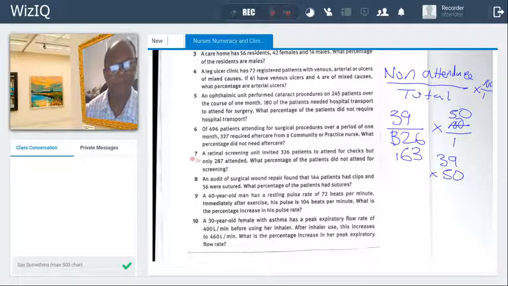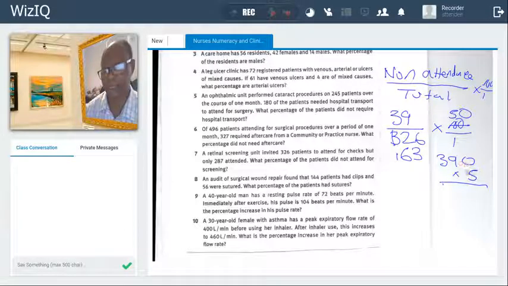Okay, so what we can do, we're going to put 0 there and multiply by 5. So then 0 and then multiply by 5. And this will be exactly the same as the 39 multiplied by 50.